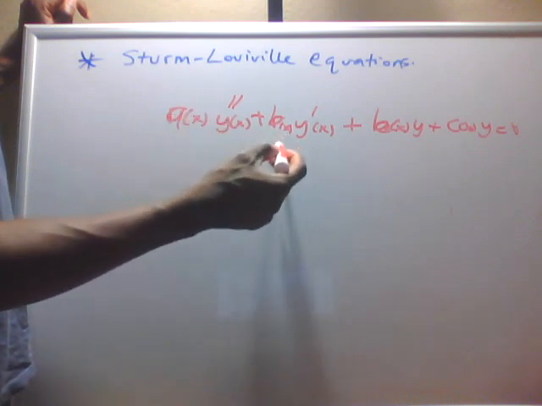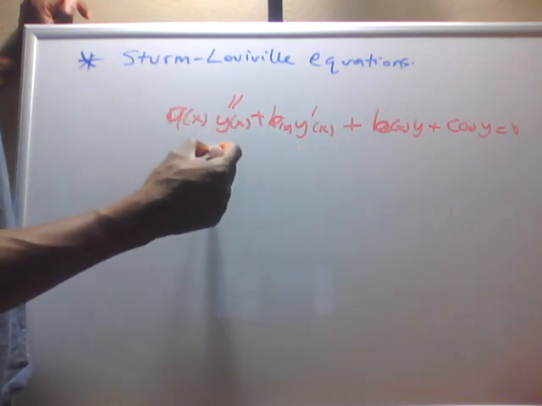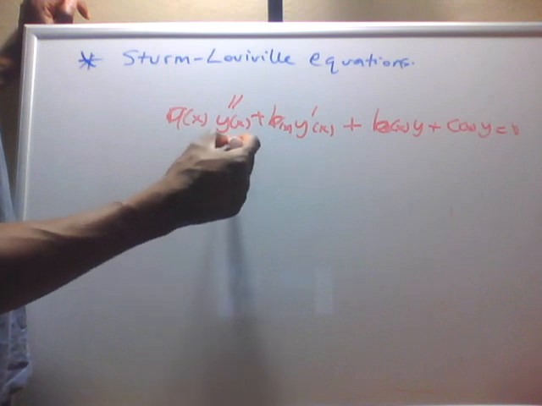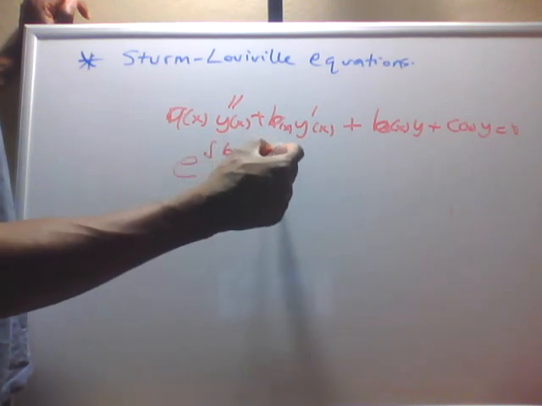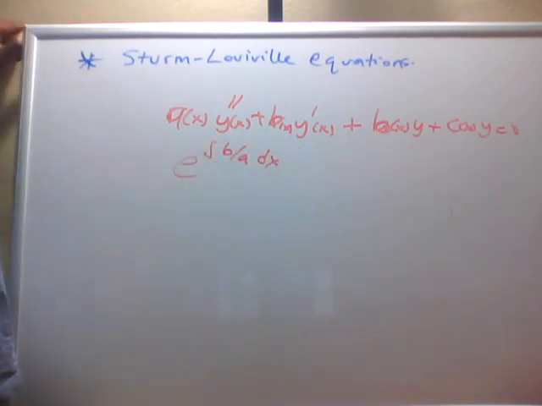We divide by A and then multiply by the integrating factor to lead us to the Sturm Liouville form.